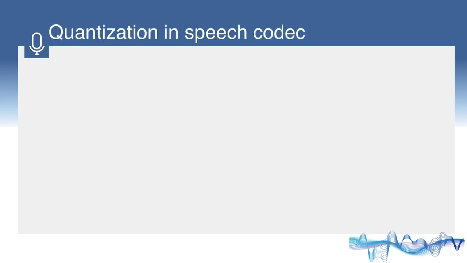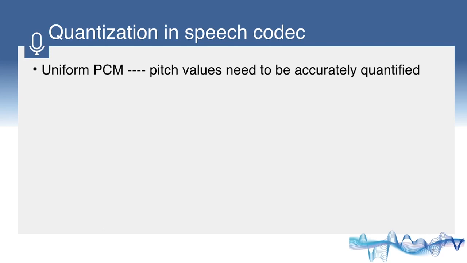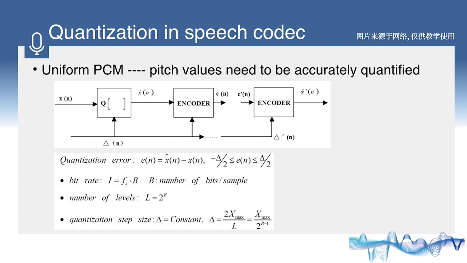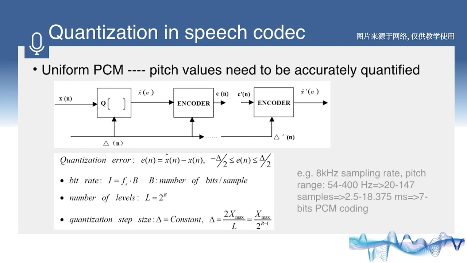The scalar quantization method, uniform PCM, is often used to quantize pitch values, which need to be accurately quantized to keep good synthesized speech quality. For an 8 kHz sampling rate, the typical pitch prediction range is between 54 and 400 Hz, corresponding to 20 to 147 samples.